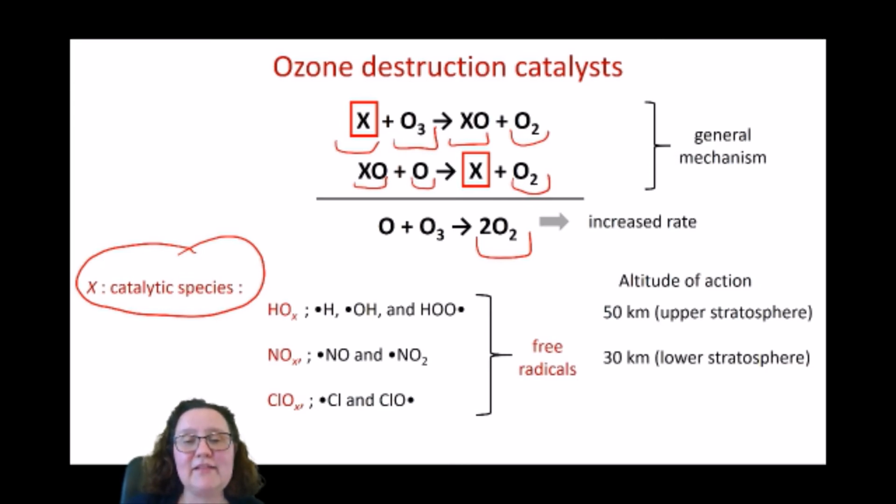And you have all sorts of species that can catalyze that process of destruction of ozone, several radicals. You have radicals derived from hydrogen, a hydrogen radical, a hydroxyl, or a peroxide. This is the name of this radical.